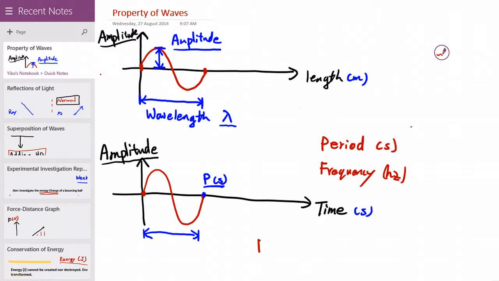So period is basically 1 divided by frequency, and also frequency is basically 1 divided by the period. So just remember those fundamentals. Then we move on to the next, the wave equation.